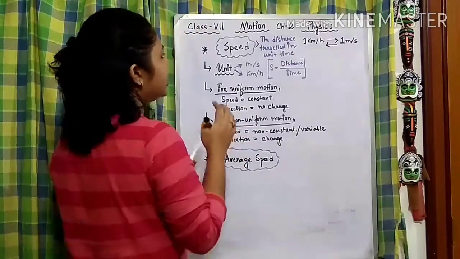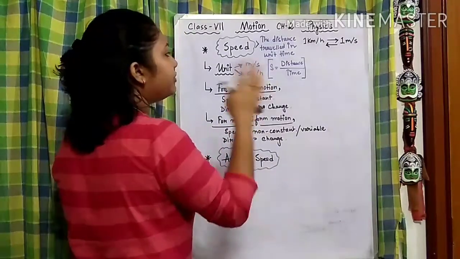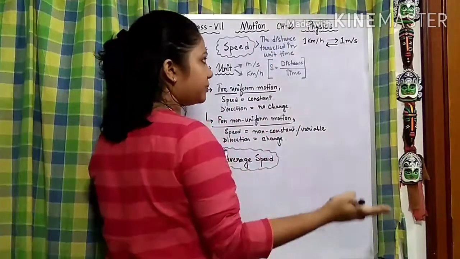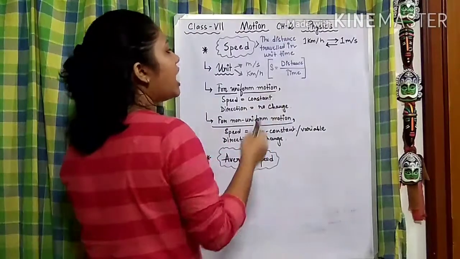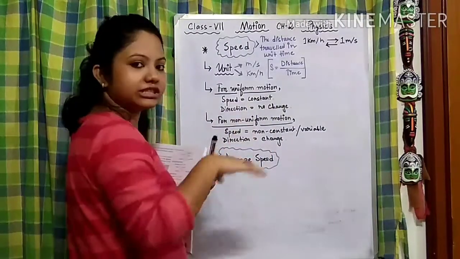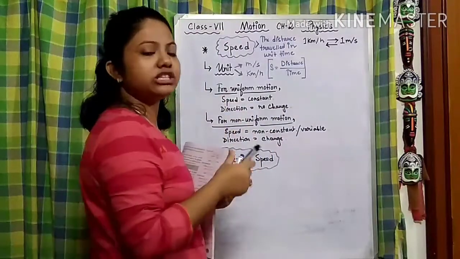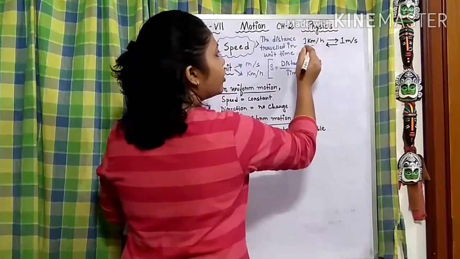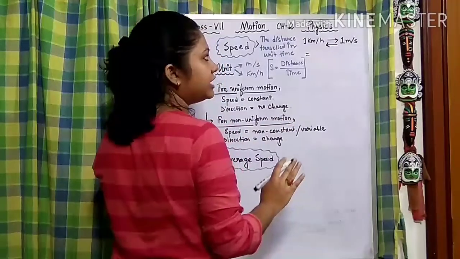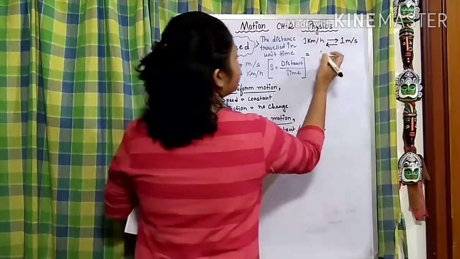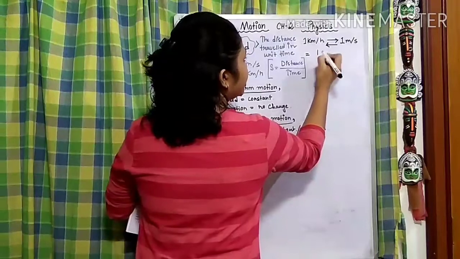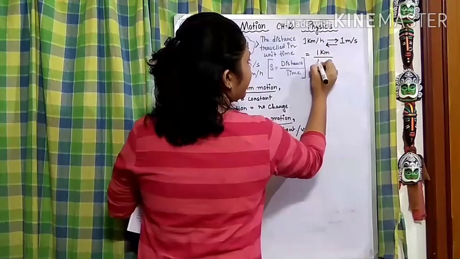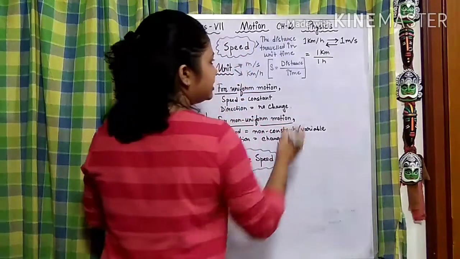Now we need to convert this kilometer per hour into meter per second and vice versa. How are we going to interchange them? There is a small calculation we need to know. Now you can understand that 1 kilometer per hour means 1 kilometer divided by 1 hour, right?